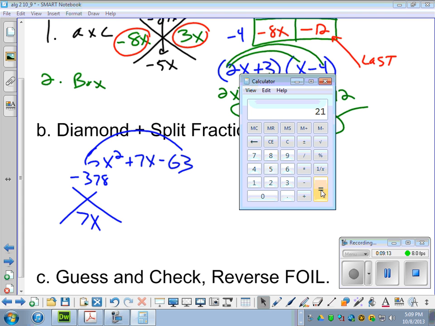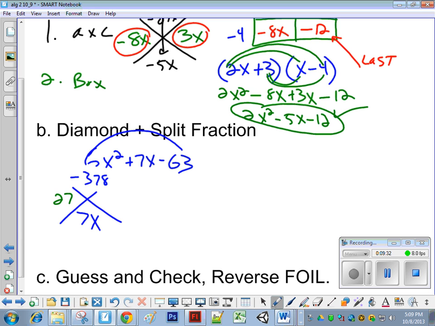There's 3 apart. I'm getting closer, but 21 is a multiple of 7, and 14 is a multiple. Let me try 14. 378 divided by 14 gives me 27. And 27 minus 14 is perfect. So what I have here is 27, and I have 14, and it has to be a negative 14.